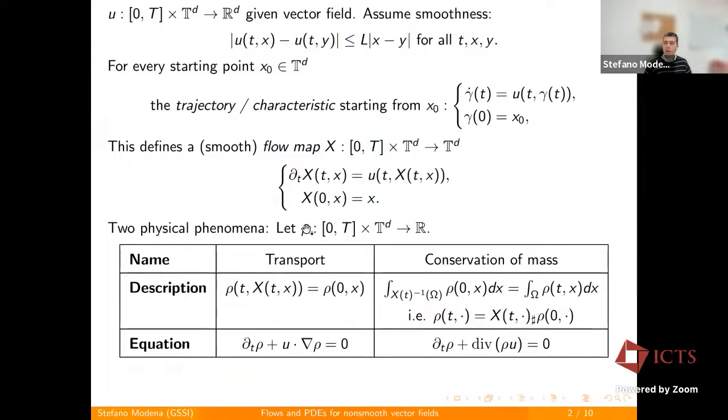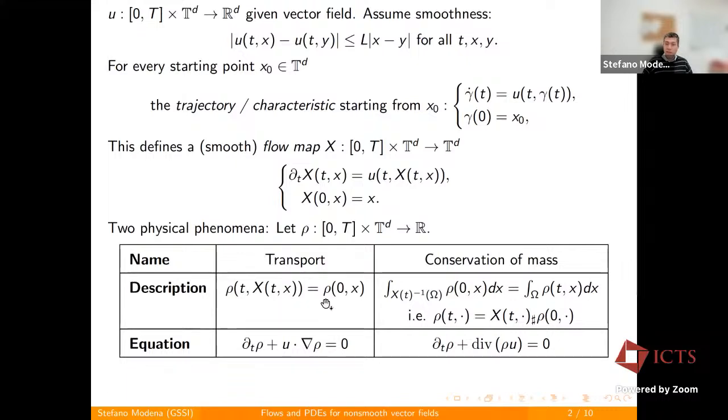Let's say that this function rho describes, I don't know, the quantity of some contaminant in the air produced by some factory. So at any time t, the function rho as a function of x is how much contaminant is in the point x at time t. And then it's reasonable to assume that this contaminant is transported as a passive scalar, transported by the flow of the air.